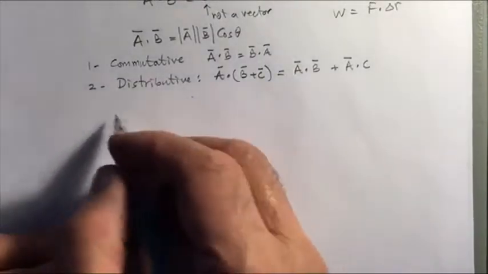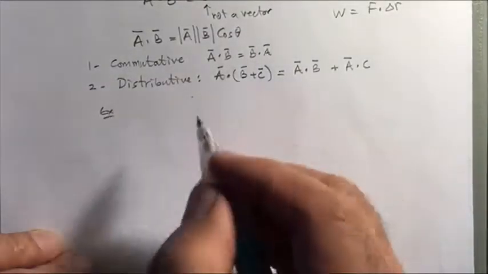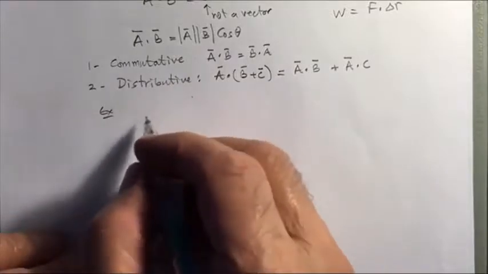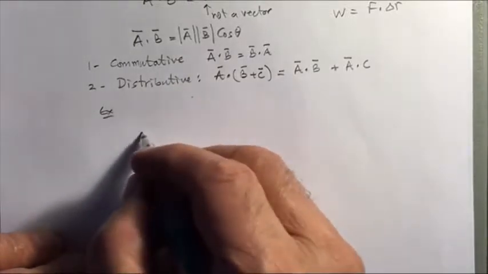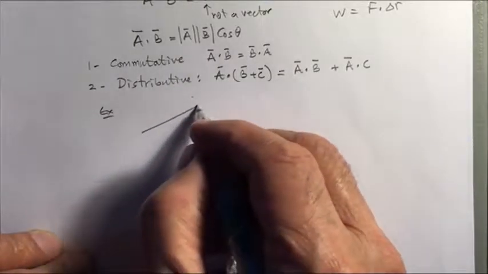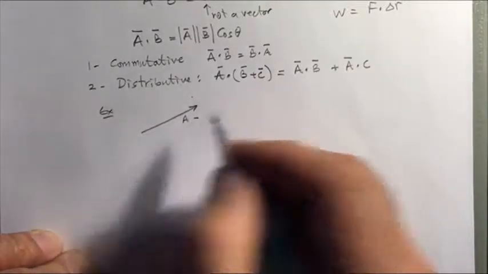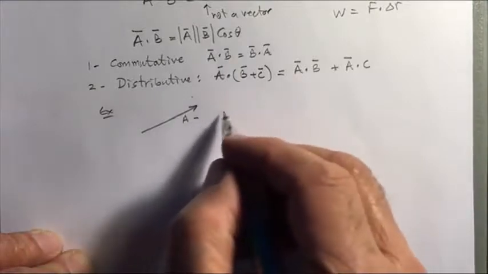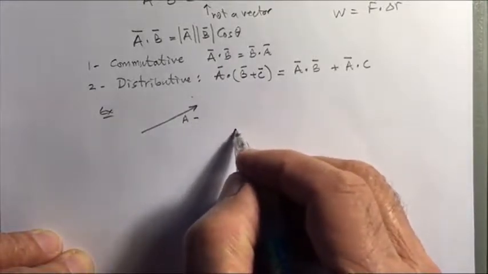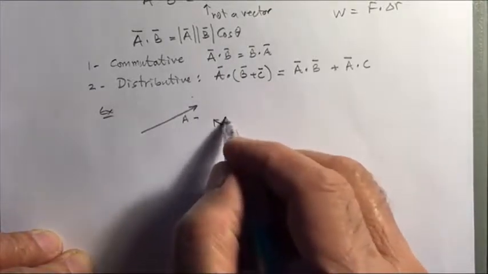Now, as an example, let's take the dot product. We take a vector A, which is like this, and another vector B, which is more like this.